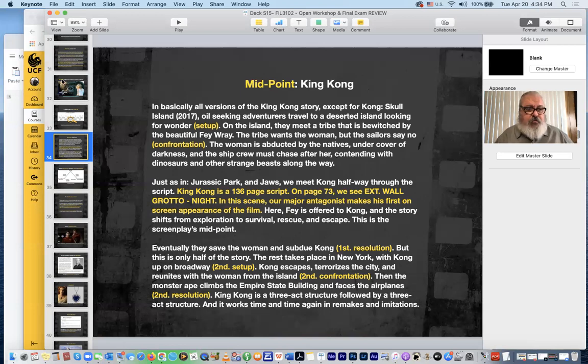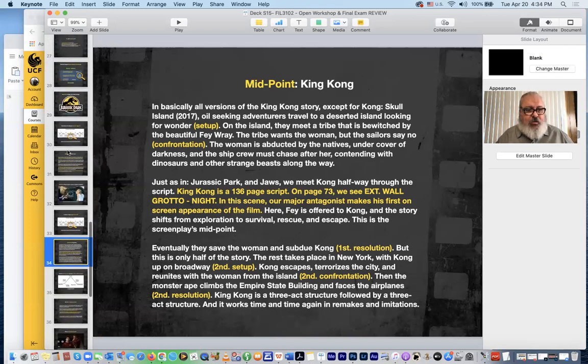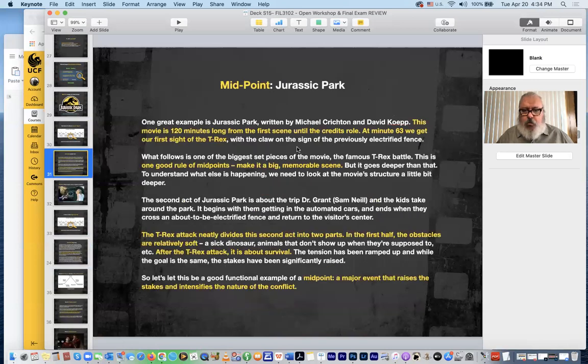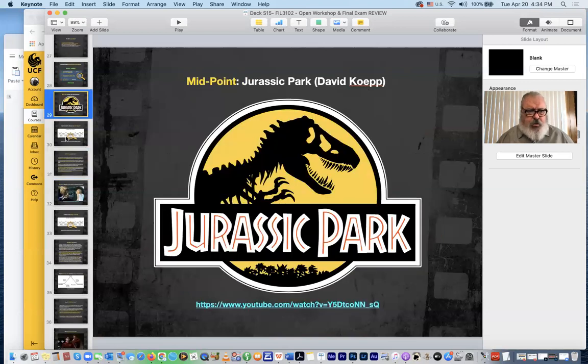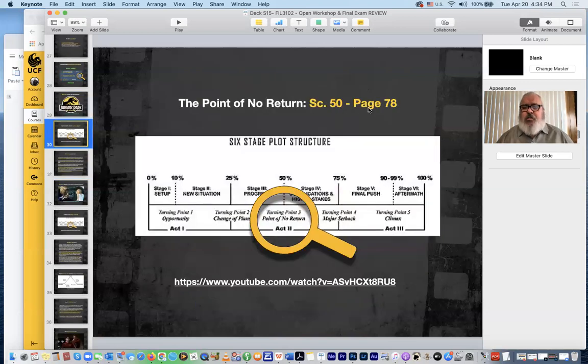In Jurassic Park, for instance, we have a script that is, I think, a 153 page script, something like that. It results in a 2-hour movie, pretty much exactly. And at minute 63, bam, we meet the T-Rex. And I think I gave you the page count here somewhere. I did. Scene 50, page 78 out of 153 pages.